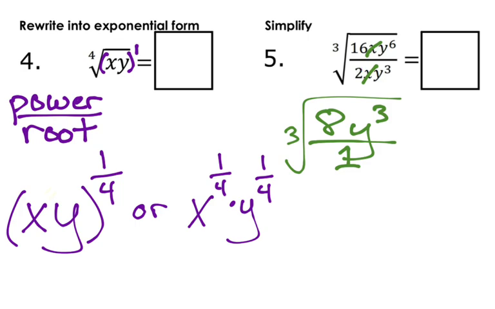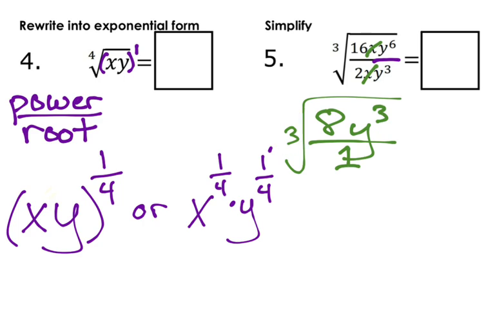And then the x in the denominator cancels with the x in the numerator, so there is no x in the final answer. Lastly, y to the 6th power, because we are dividing by y cubed, you would subtract. So 6 minus 3 is going to give you a y cubed in the numerator. And since there is now nothing in the denominator, we are just left with the number 1. But before we do anything involving power over root, we need to remember we are taking the cube root.